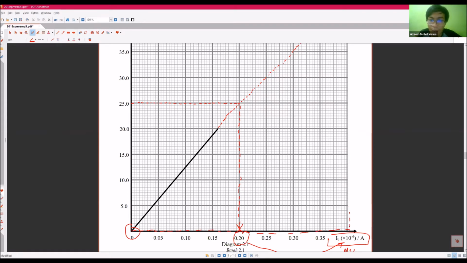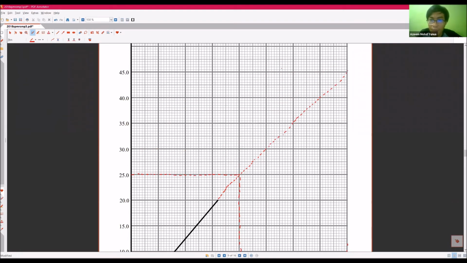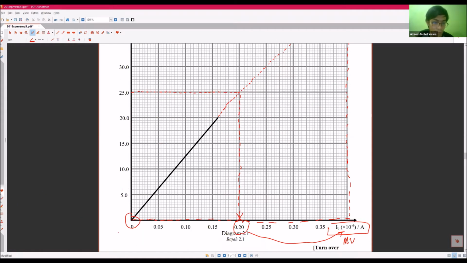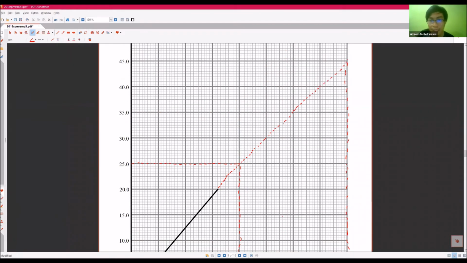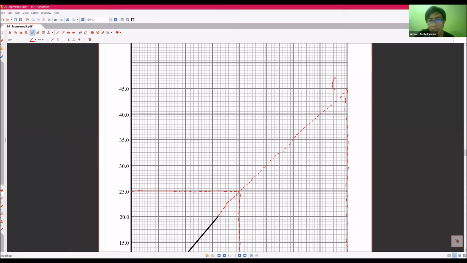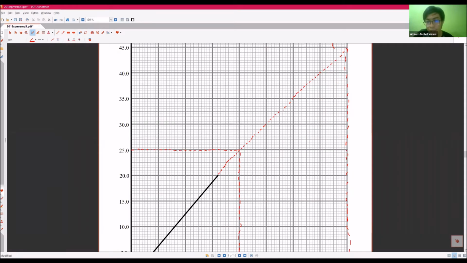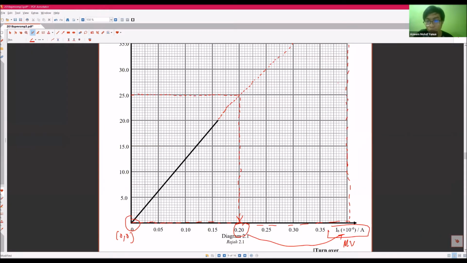Use all of the graph, because once you use that, you already exceed the minimum requirement, so we don't need to think hard about it. So label the coordinates. What is the final value? 0.35, so 0.4.